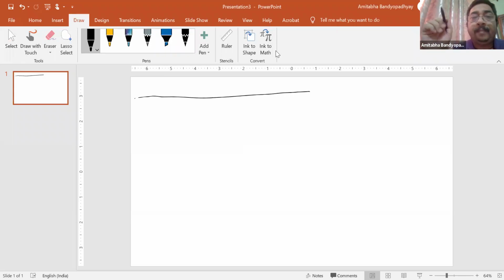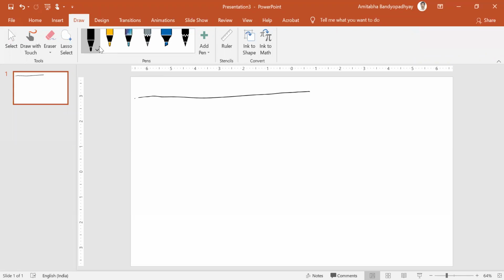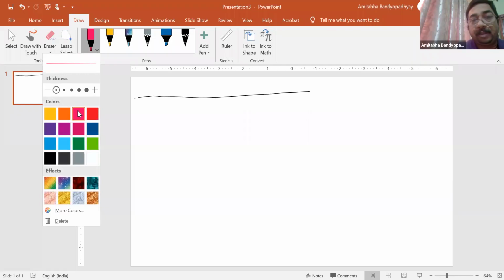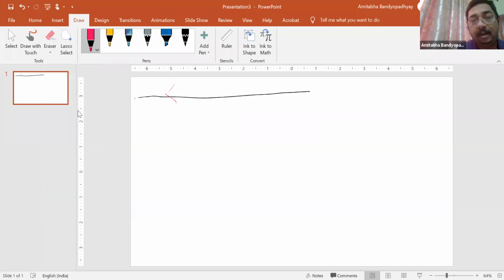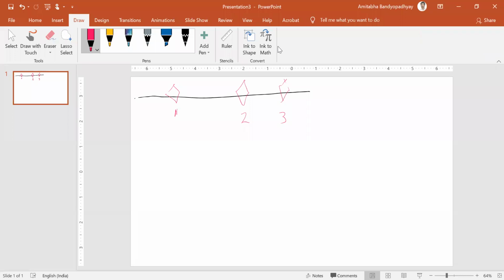Now let us first take the simplest of the cases, that one particular transcription factor is bound in multiple locations. Let us name these locations 1, 2, 3.